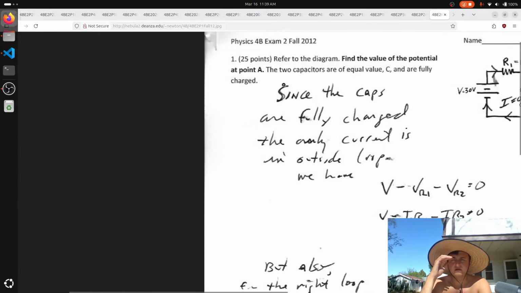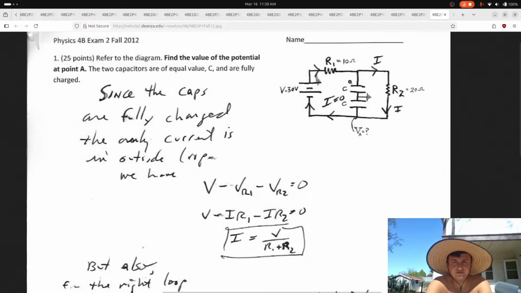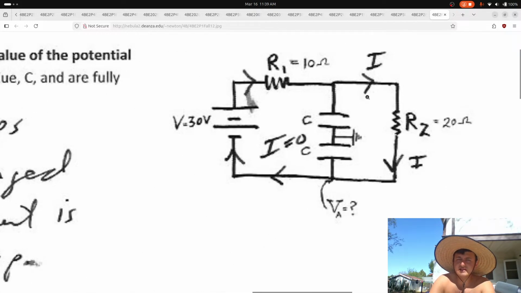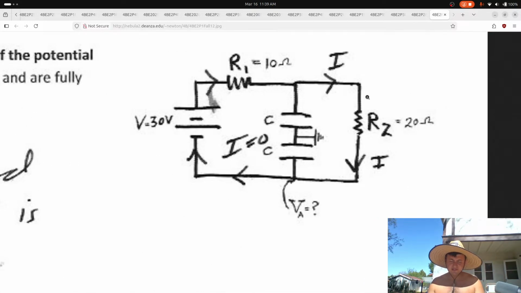Ooh. Okay. I wanna do this. Find the value of the potential at point A. All right. This is kind of a subclass of problems that I really didn't see, just the way that the problems got shuffled up. I didn't see these. Okay.